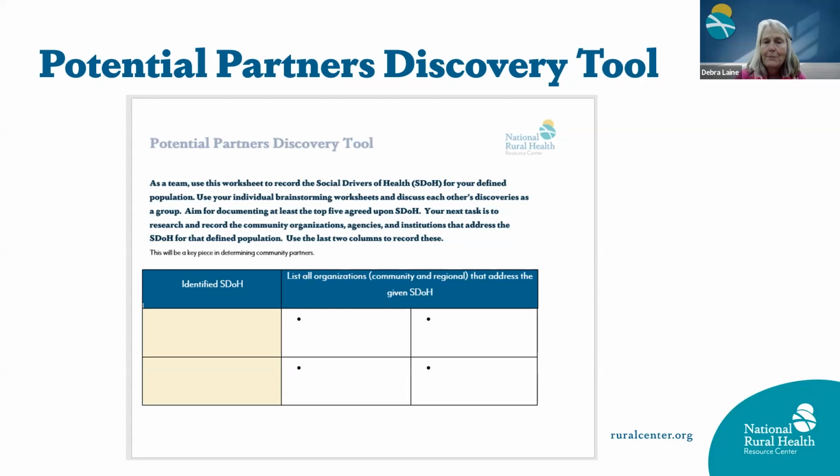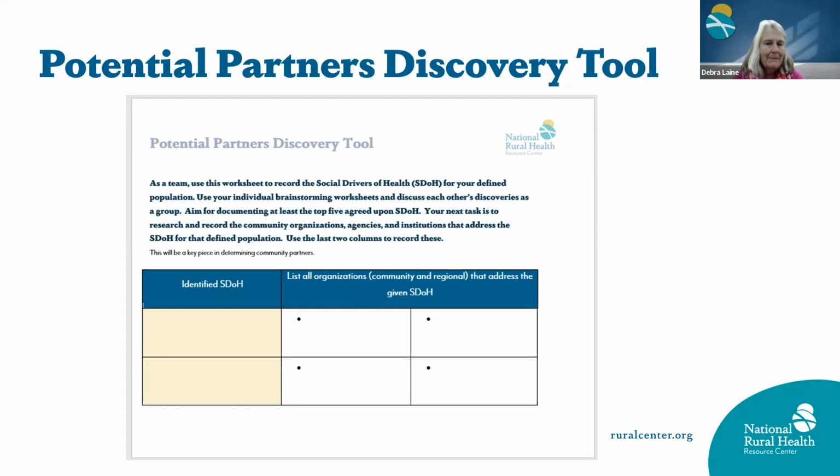Also, your personal experience will tell you places for solutions. If you live in the community that you work in, you're just naturally going to know some persons as well as organizations that can help alleviate some of those social drivers of health. And I'm sure some of you have many other places that you found this within the community.